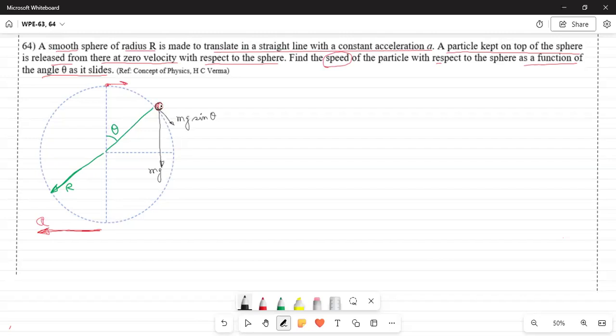And so there is a reaction on the body also, which is equal to ma. Without this reaction, the body will get detached from the sphere. This is the actual argument. This force ma also has a component in the tangential direction, which is ma cos theta.